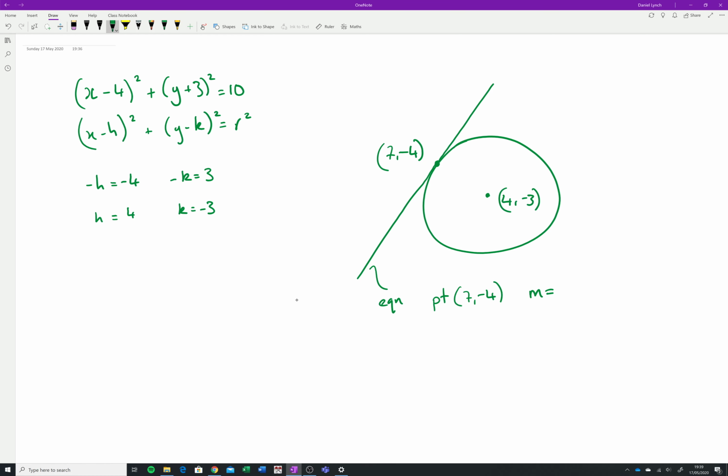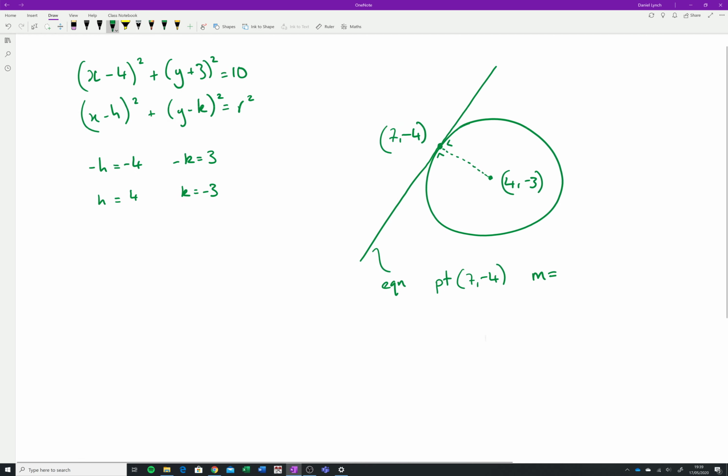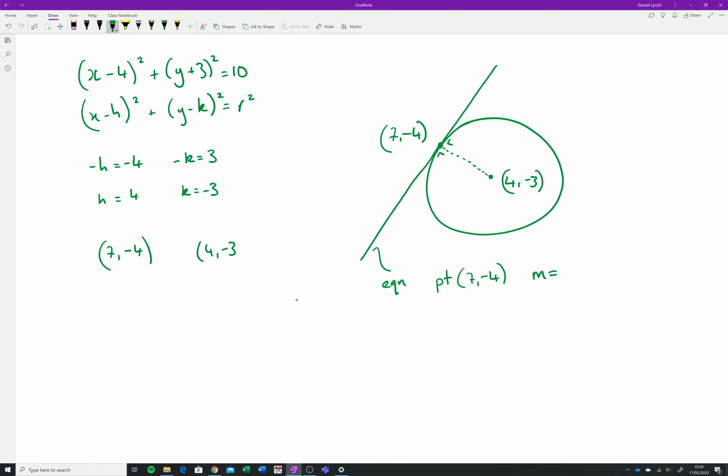What we need to do is get the slope of the tangent, but we know that the tangent is at right angles. So if we get the slope between (7, -4) and (4, -3), you're good to go. Slope is equal to y2 minus y1 over x2 minus x1.